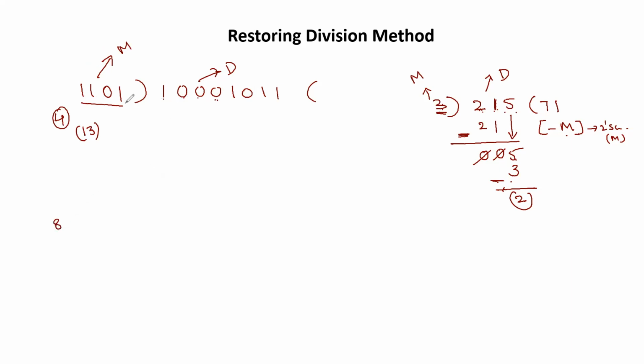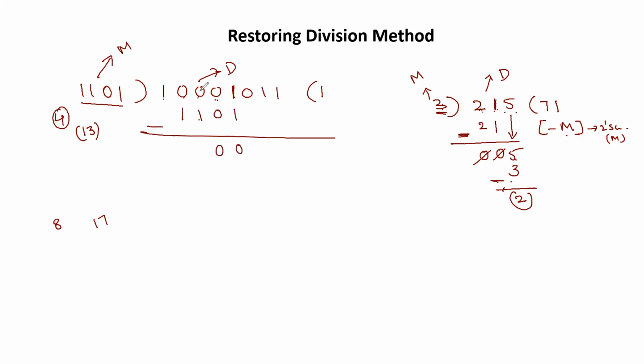So 8 is not divisible by 1101 because this is the lesser value. So we have to take the next bit also. After taking the next bit, it becomes 16 plus 1, which is 17. Now it is divisible by the divisor only one time. So 1, then it becomes 1101.